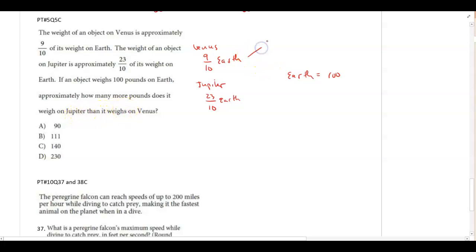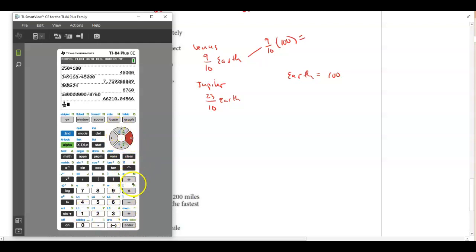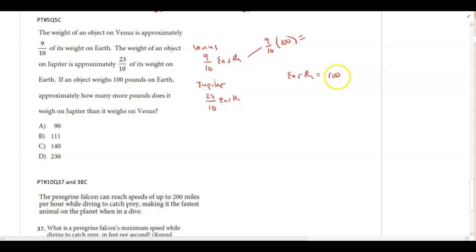Well, here, what is 9/10 times 100, or 9/10 of 100? So if I go to my calculator, alpha y equals, I'm going to go 9 over 10, arrow to the right, times 100, that gives me 90. So if an object on Earth weighs 100, on Venus it weighs 90 pounds, and on Jupiter, I'm going to do 23/10 times 100.